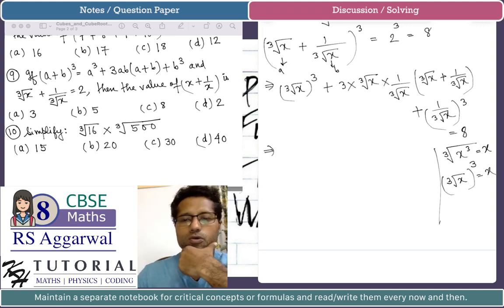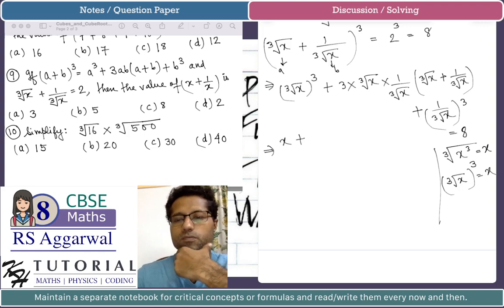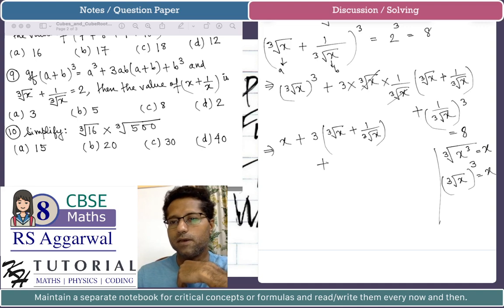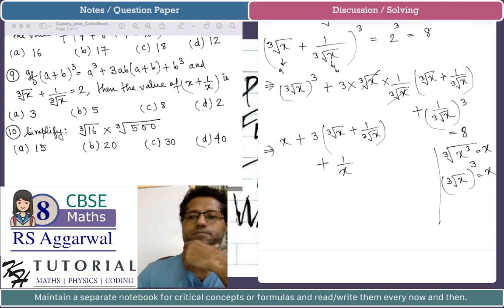So cube of cube root of x is x, plus 3 into cube root of x multiplied by 1 by cube root of x, this gets cancelled. So 3 into cube root of x plus 1 by cube root of x, plus cube of 1 by cube root of x, which is 1 by x. This is equal to 8.